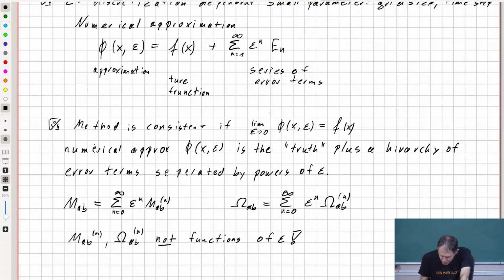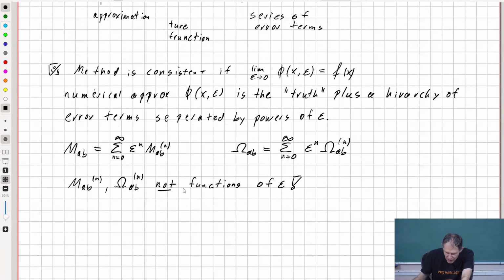So this is really, really important. There is no hidden dependency. The dependency is just in the series expansion. The series expansion has coefficients, and these coefficients do not depend anymore on epsilon. That's important.